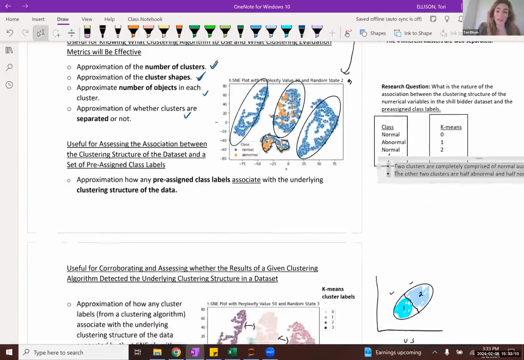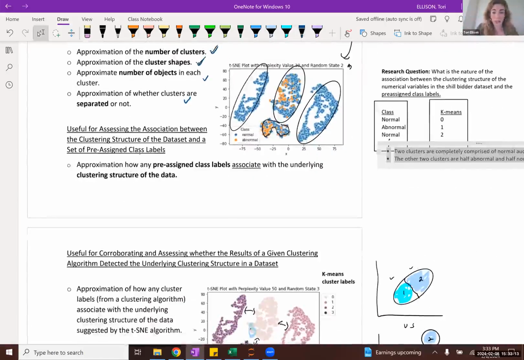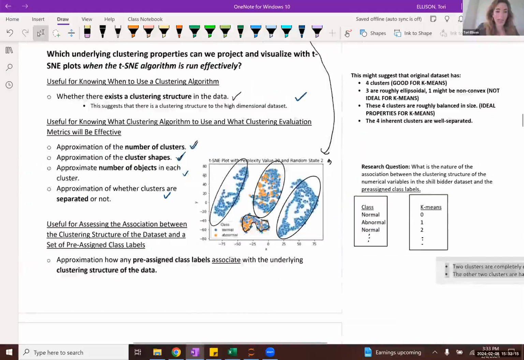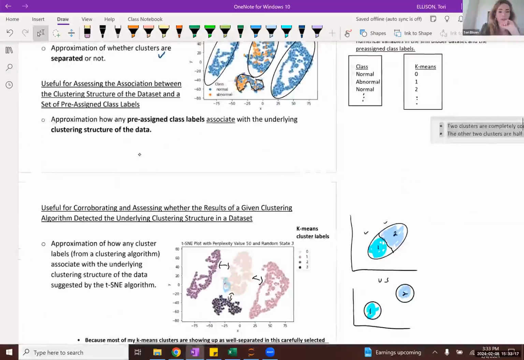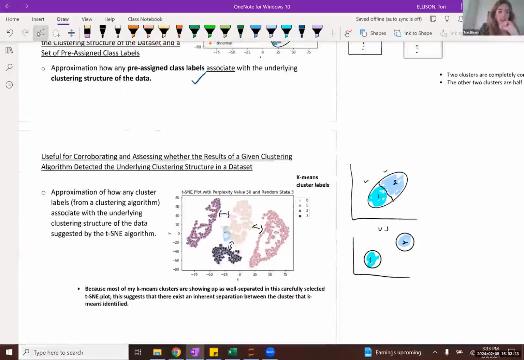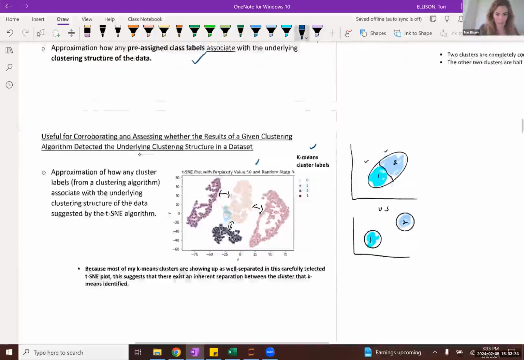In addition, it can suggest information about how a set of pre-assigned class labels associate with this identified clustering structure, and how a set of, for instance, cluster labels might associate with this suggested clustering structure from the TSNE plot.